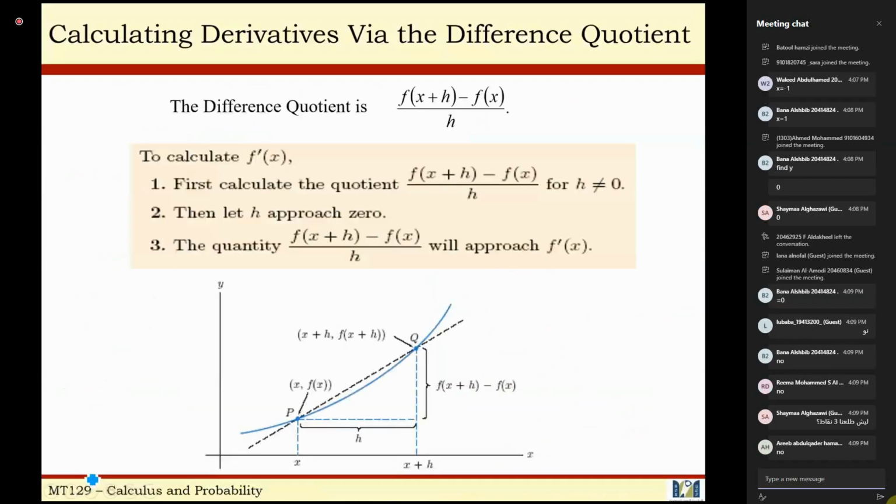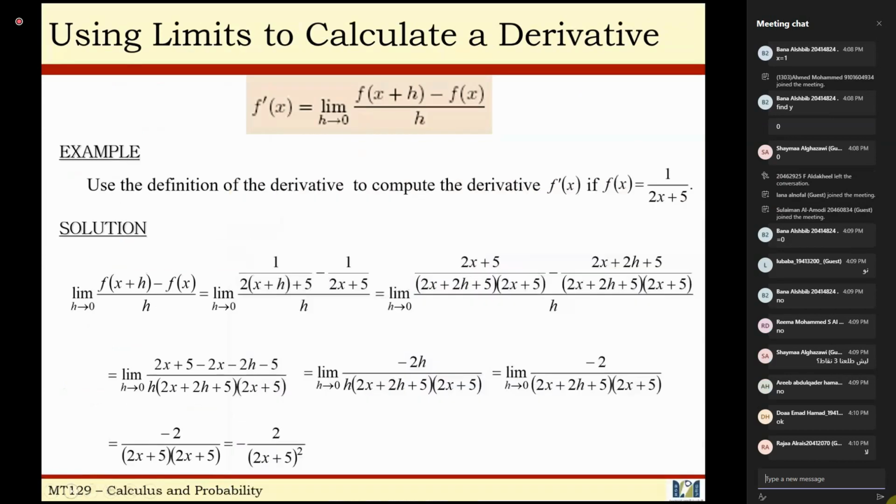Now we have the definition of a derivative.